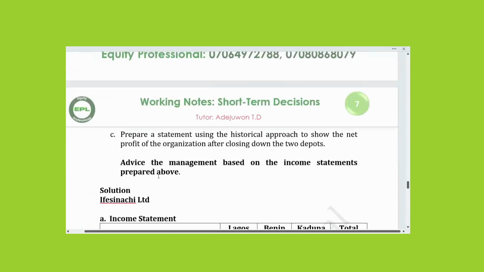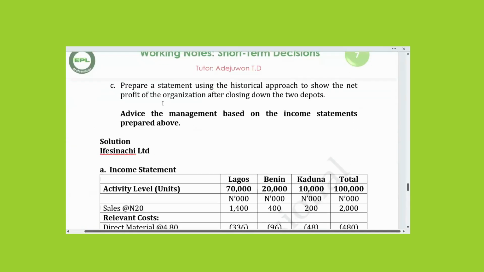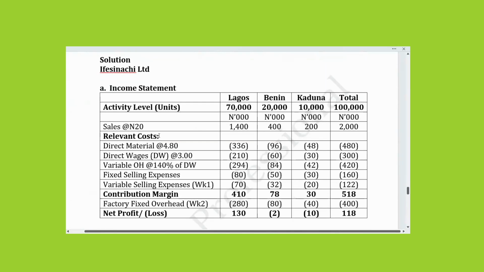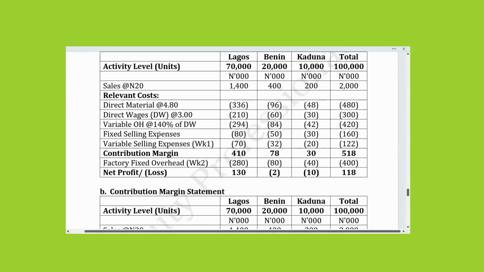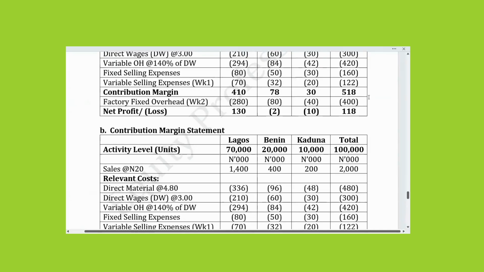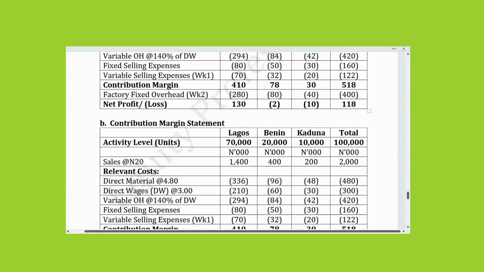So finally, you are now asked to advise the management based on the income statements prepared above. You have prepared 3 different income statements. The first one, our net profit for this organization was 118,000 naira.